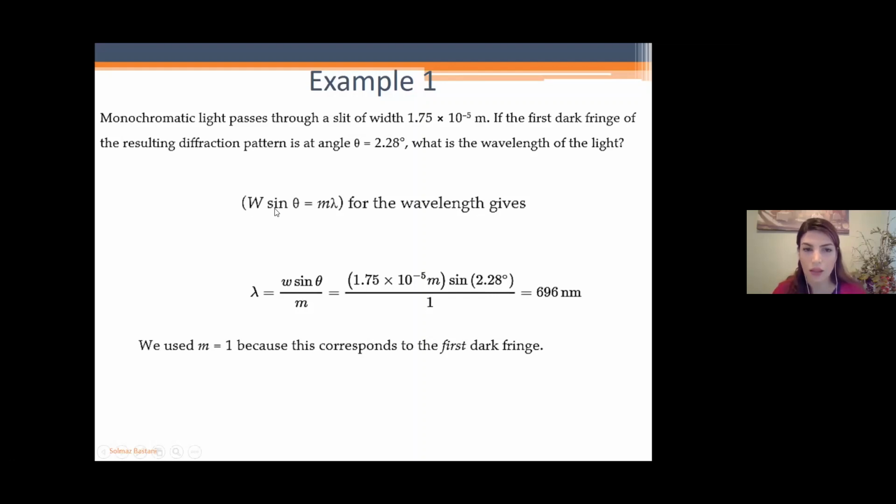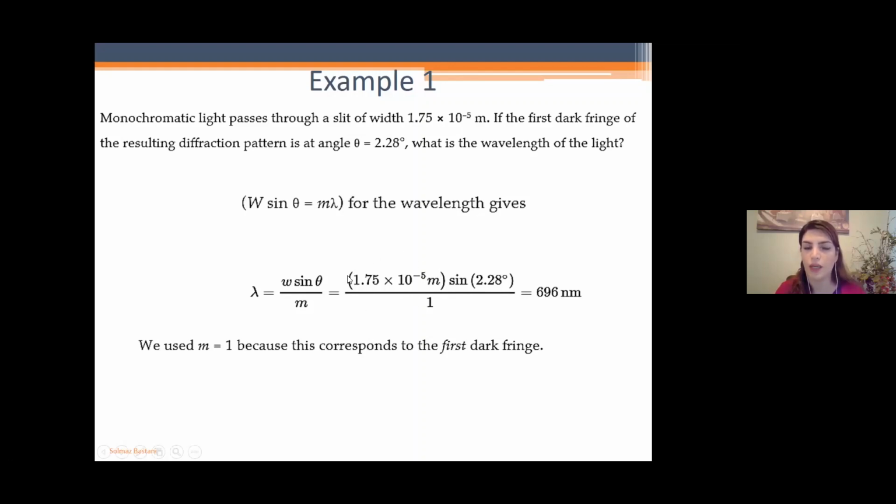Now, using this equation, W sine theta equals m lambda, it's just a simple substitution. I can solve this equation for lambda, and then I write lambda to be W sine theta divided by m. The width is given to us, 1.75 times 10 to the power of -5 meters.